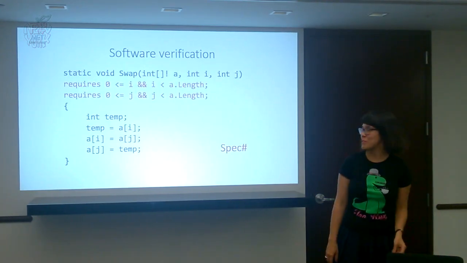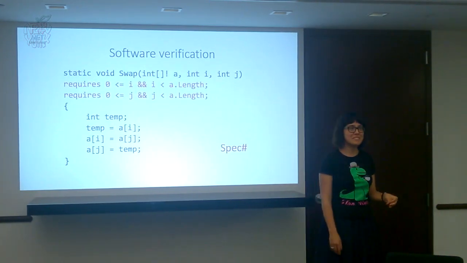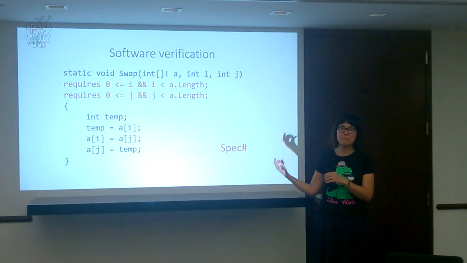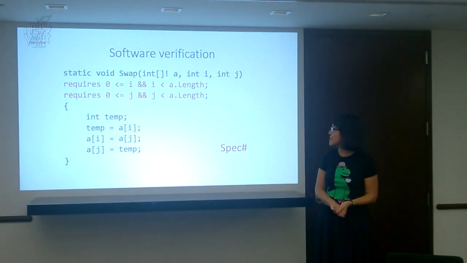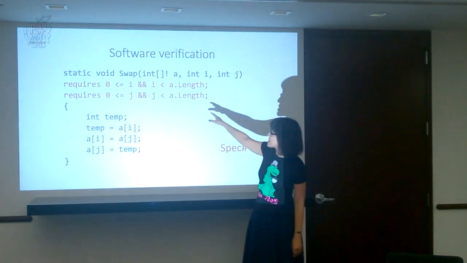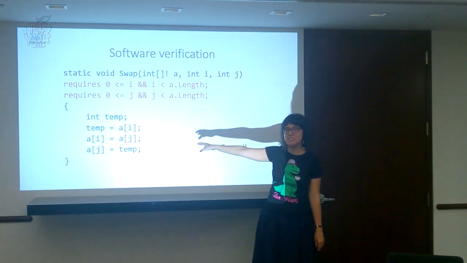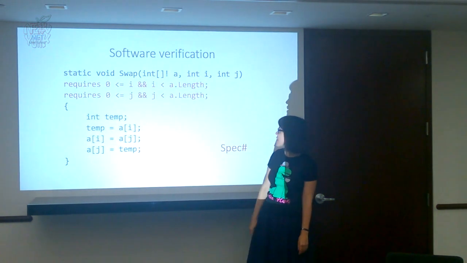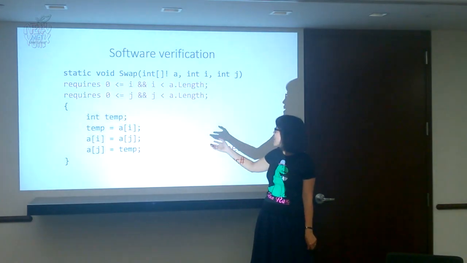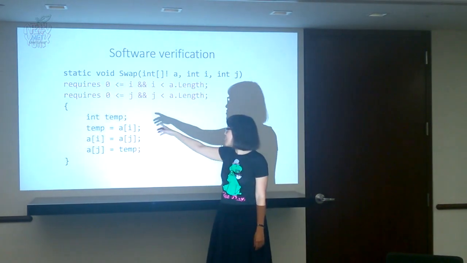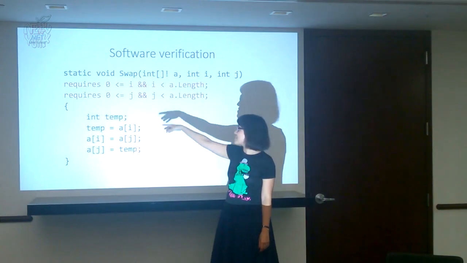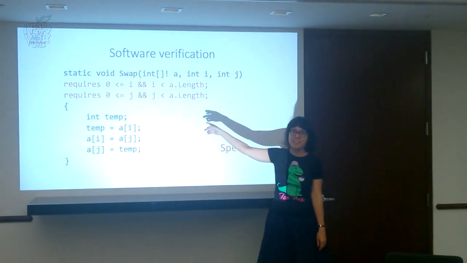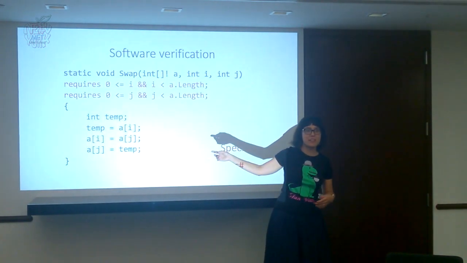This is an example from ChIP-seq, which is Z3 applied to C# programs, where we can have some kind of function and add conditions. So this function tries to swap two items in an array. So what we want to have is that the first index is larger or equal to 0 and smaller than the length of the array, and the same for the second one.